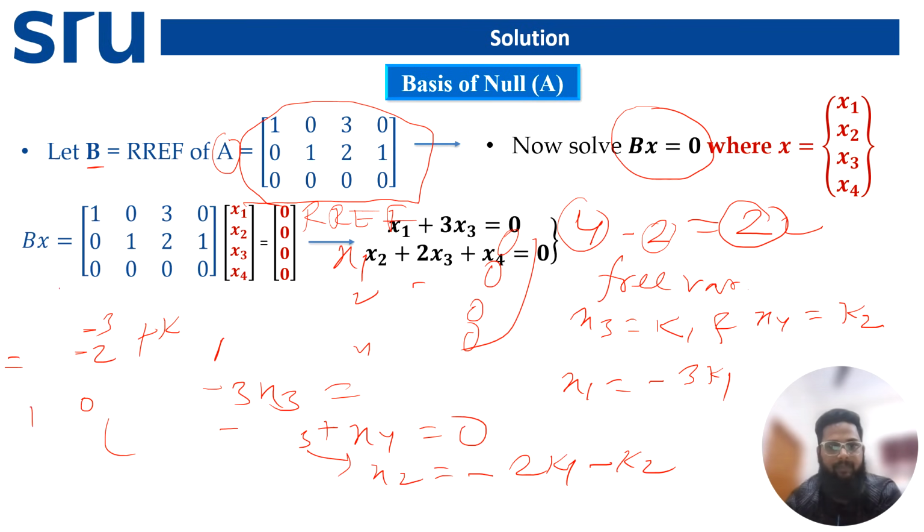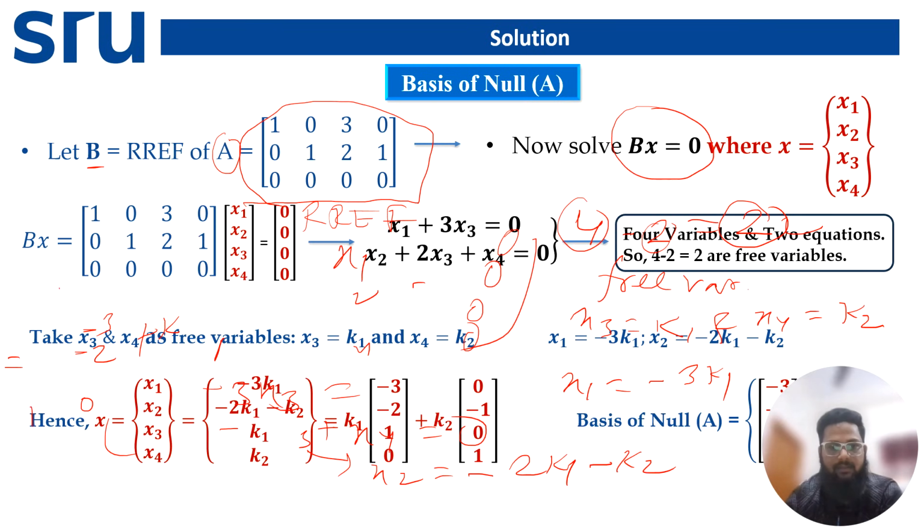As I discussed, these two are the basis of null space. So what is the process to find the basis of null space? Take the RREF form from the column space itself, then RREF form into the vector x1, x2, x3, depending on the number of columns, equal to the 0 vector. Then solve it. If the number of equations is less, take that many variables as free variables. Free variable means you take some parameter values, k1, k2 like that.